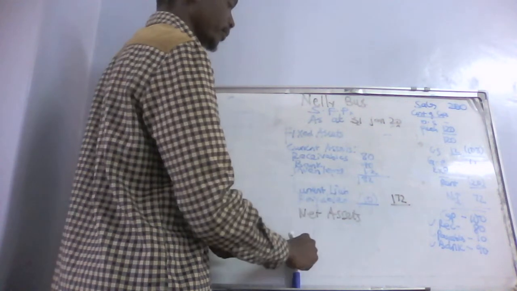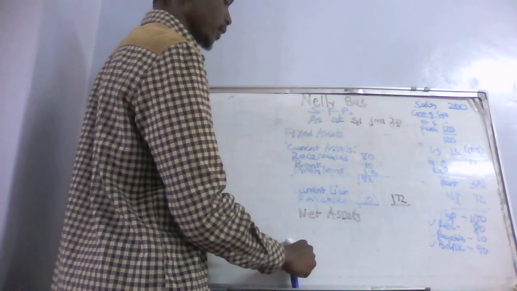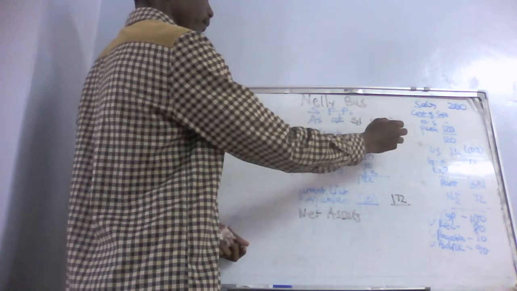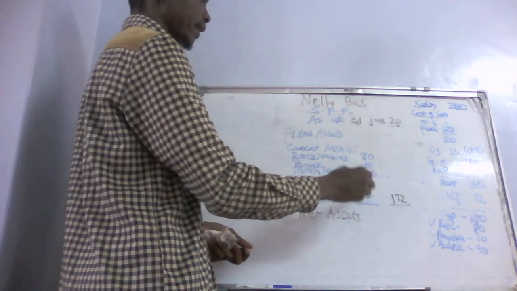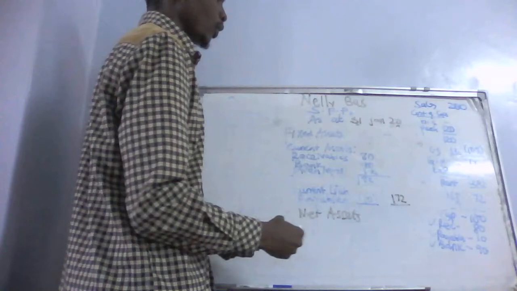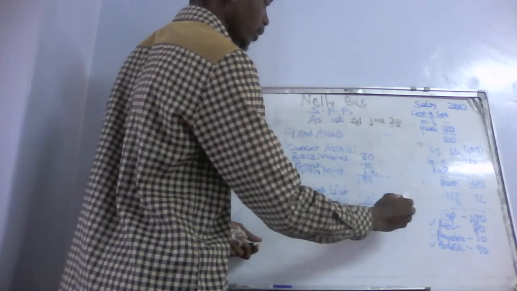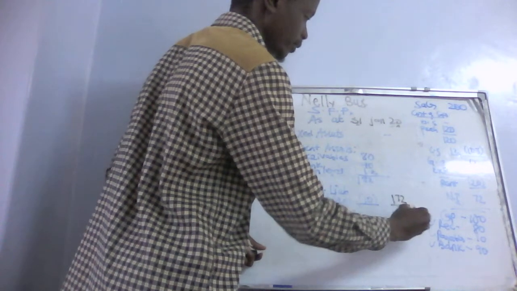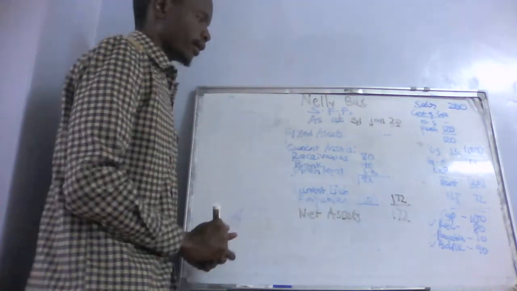So net assets will be, net assets are fixed assets plus net current assets. Net current assets are 172. So this net assets will be 0 plus 172, which is 172. Okay.